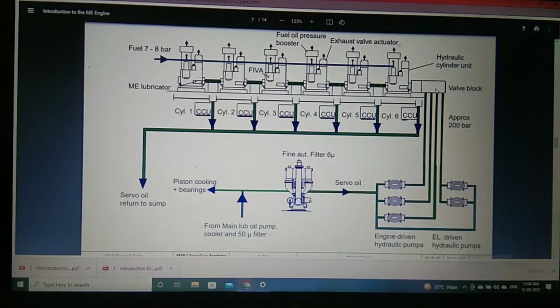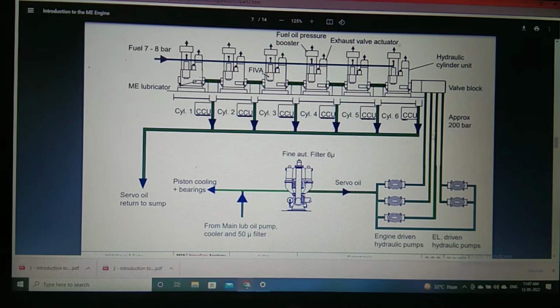So this is the valve block, right? And this is your HCU, hydraulic control unit. Each cylinder has an HCU, hydraulic control unit, right? In that hydraulic control unit we have the FIVA valve, the exhaust valve actuator, and the cylinder lubricator also.